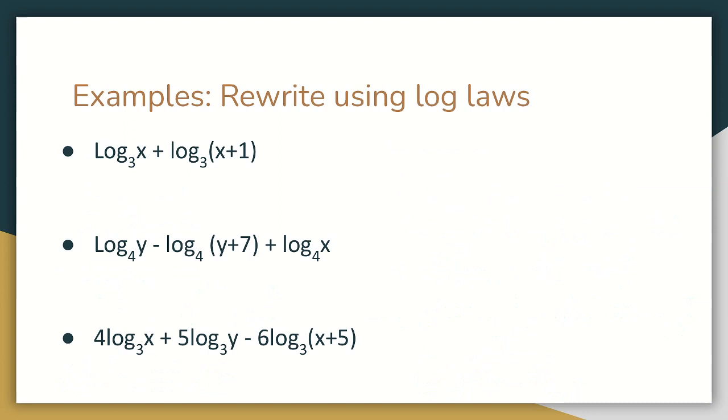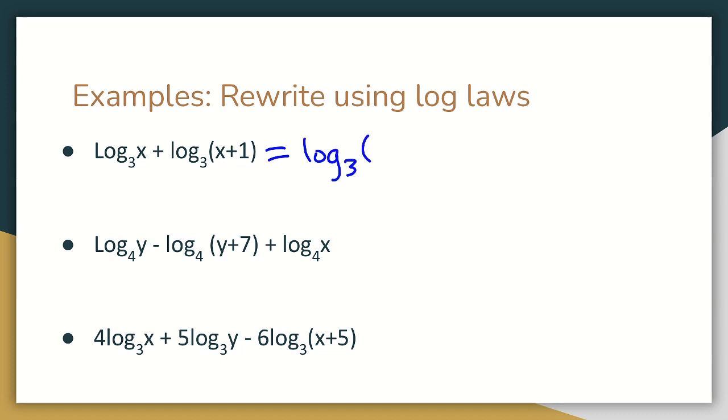Now we're going to rewrite these examples using logarithm laws. So we're going to use those laws that we just talked about. Since we're adding these two logarithms with the same base, the base is 3 on both of them, that means we can combine them into one logarithm with that same base.